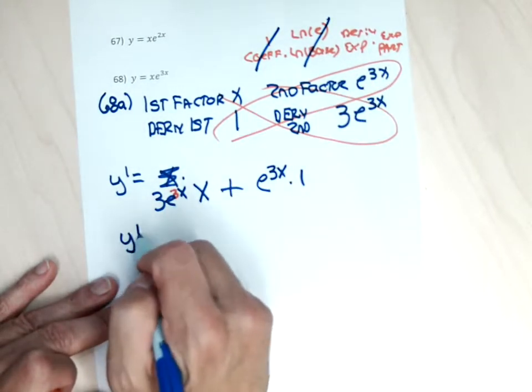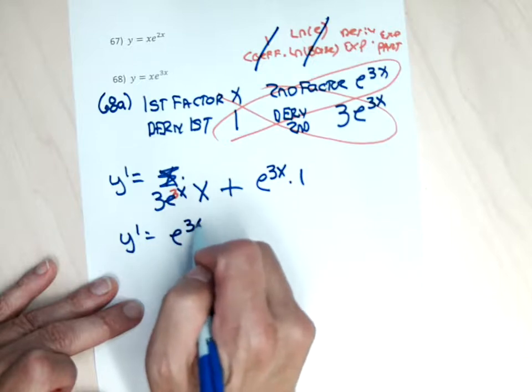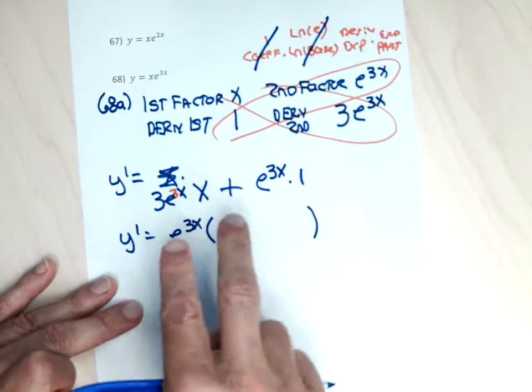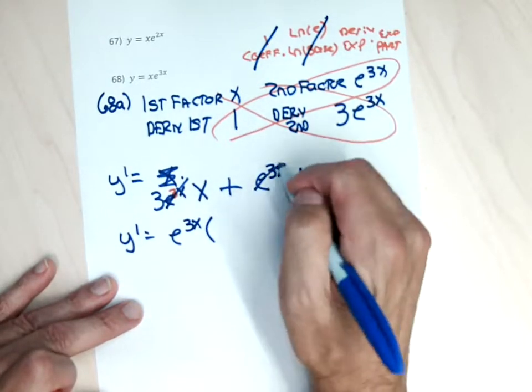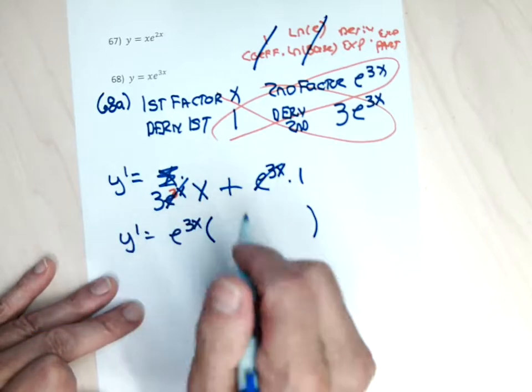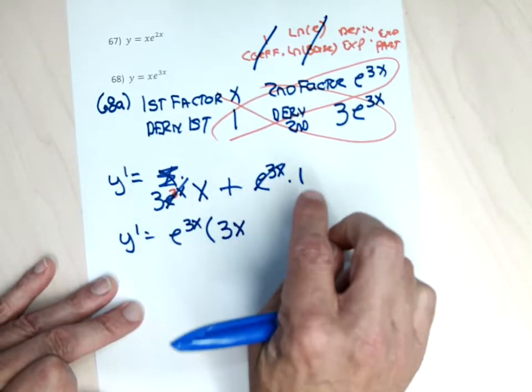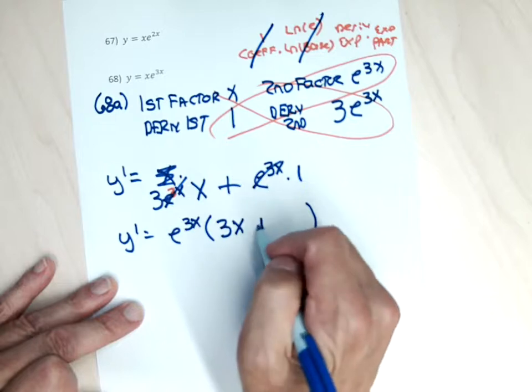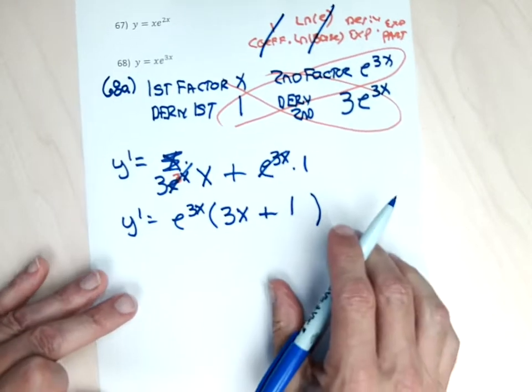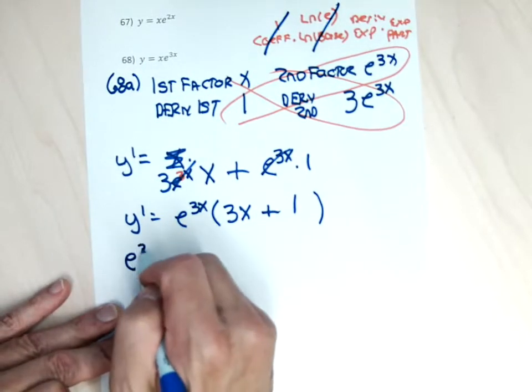Pull out the common factor of e to the 3x that are on either side of the plus sign. When I take that common factor away, I'm left with a 3x to the left of the plus sign. I'm left with a 1 after the plus sign. I'm going to set that equal to 0.